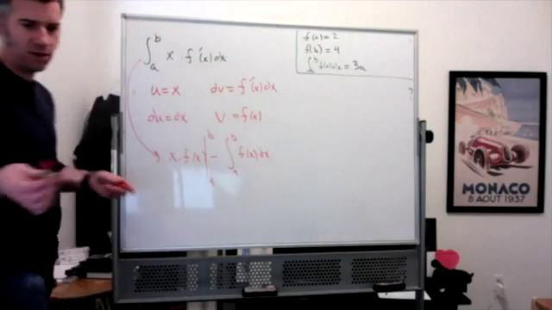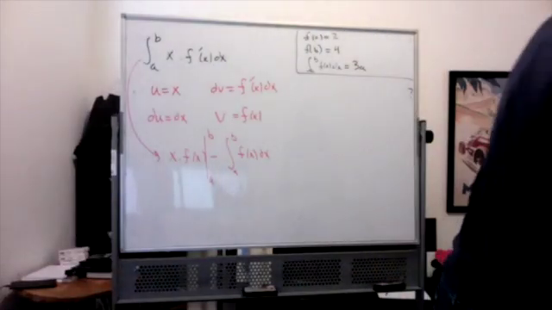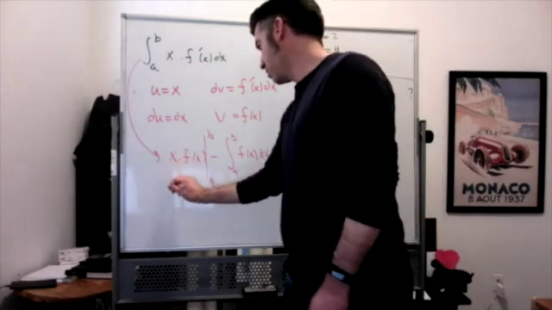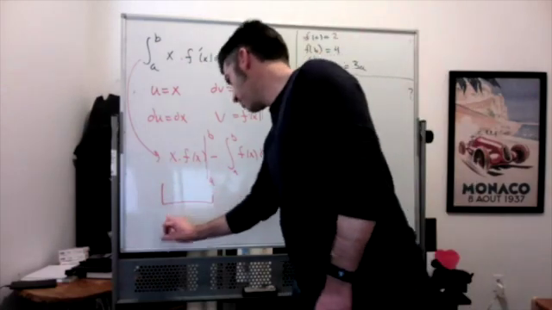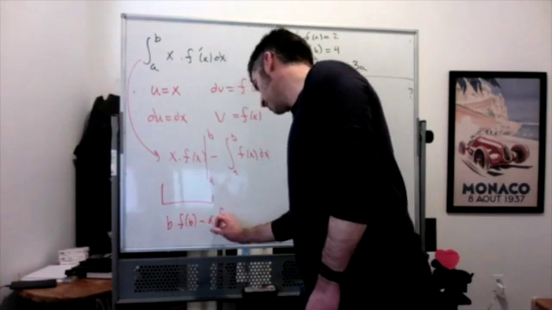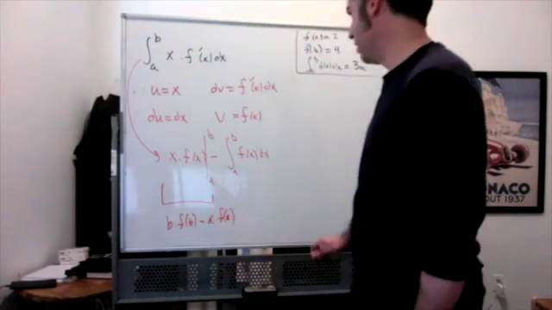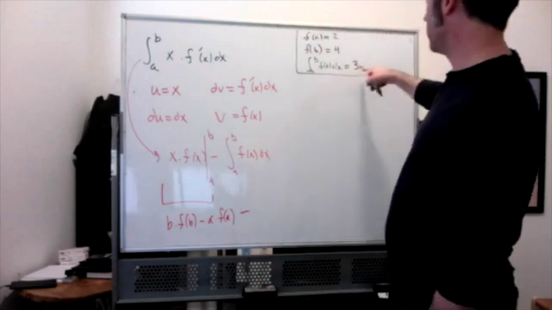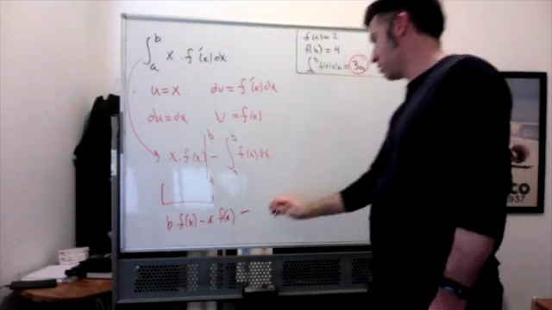Okay, that actually turns out really nice. So for this part here, we're going to get b times f of b minus a times f of a. And then this part here, we're going to get the integral from a to b of f of x, which someone told us was 3a already.